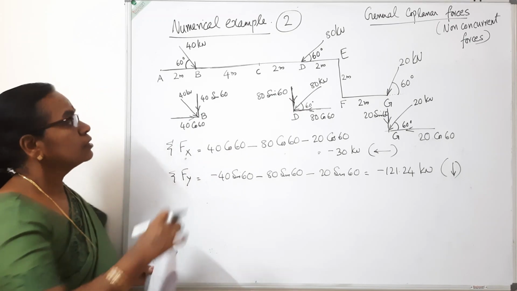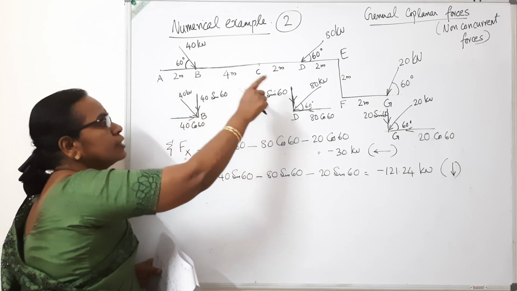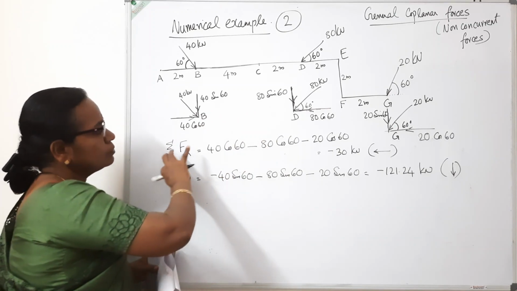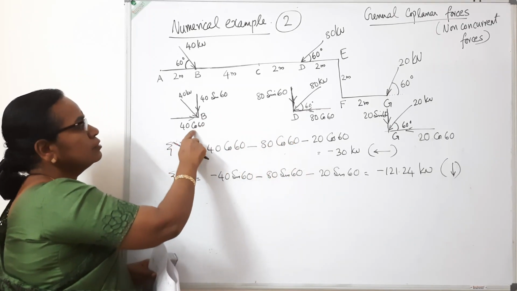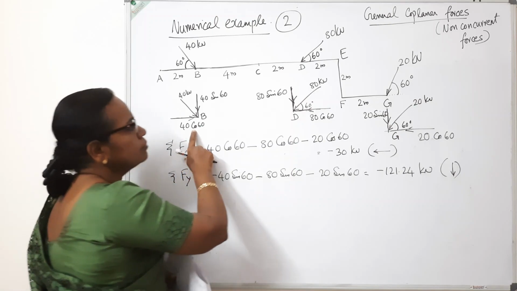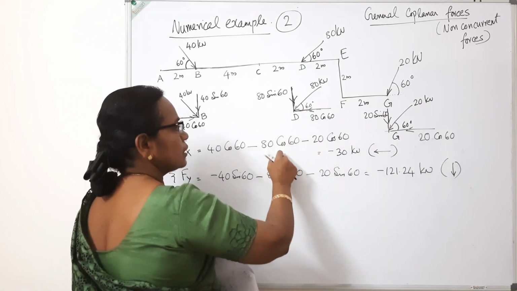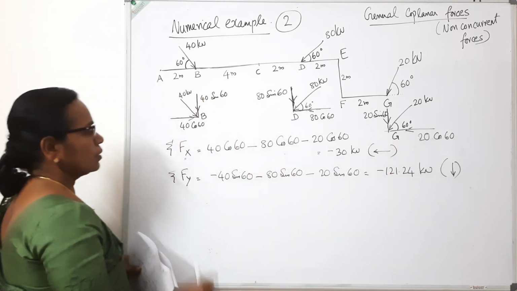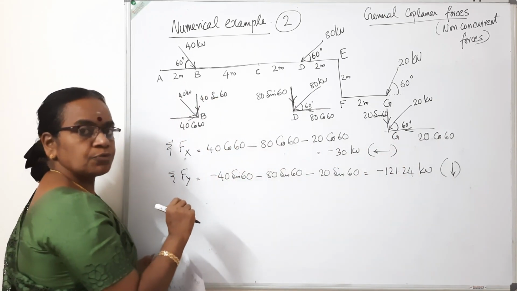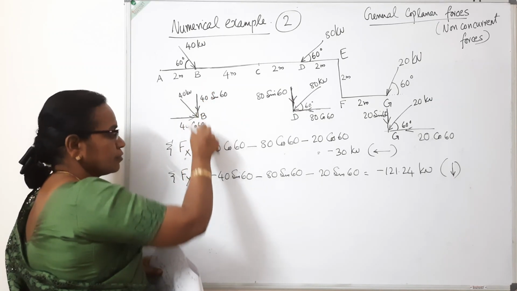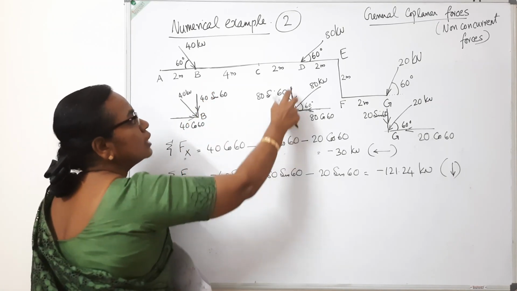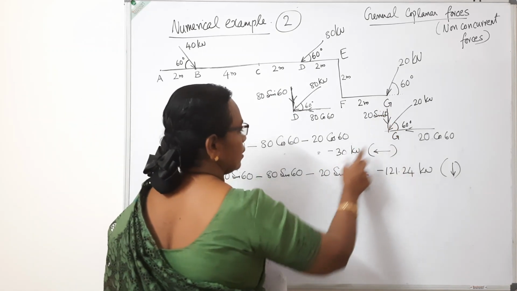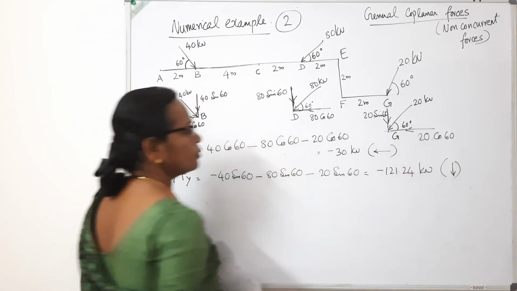So I'll repeat. First of all, you resolve these inclined forces to horizontal and vertical components. Take the algebraic sum of all the horizontal components: 40 cos 60 positive, 80 cos 60 towards left negative, 20 cos 60 negative. So minus 30. Sum of the vertical forces: 40 sin 60 downwards, so minus, 80 sin 60 downwards, so minus, this 20 sin 60 downwards, so minus, so you get 121.24.